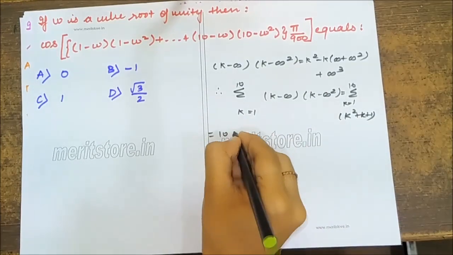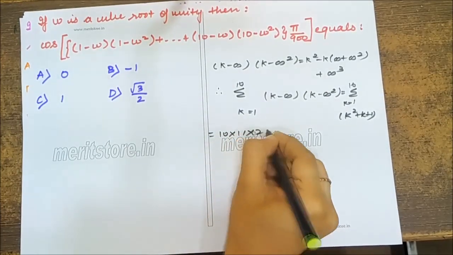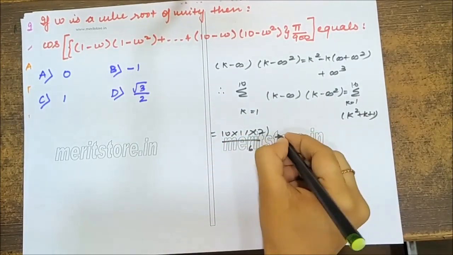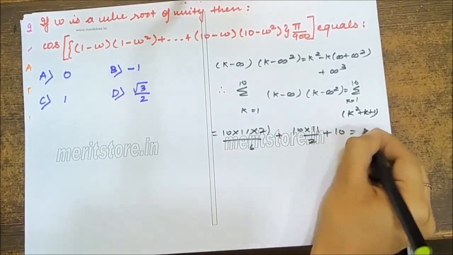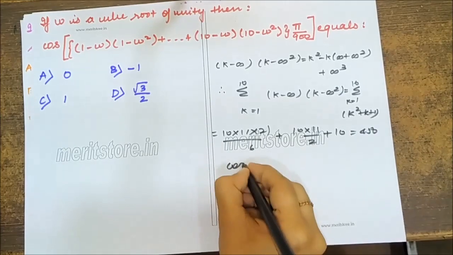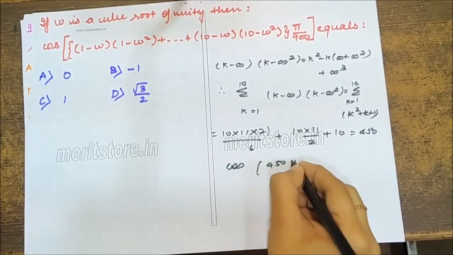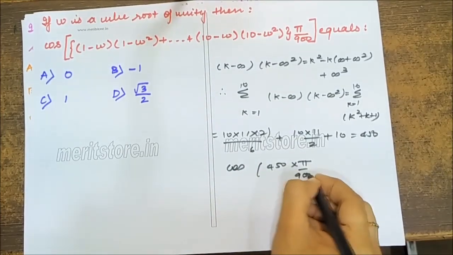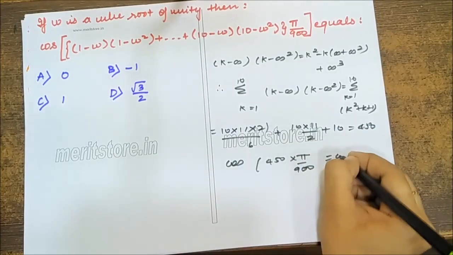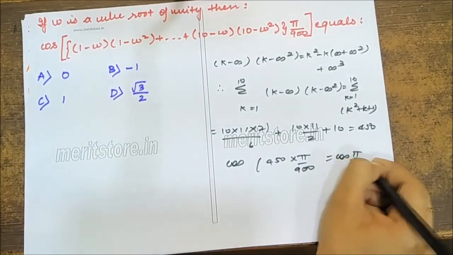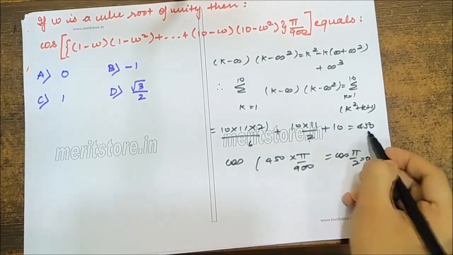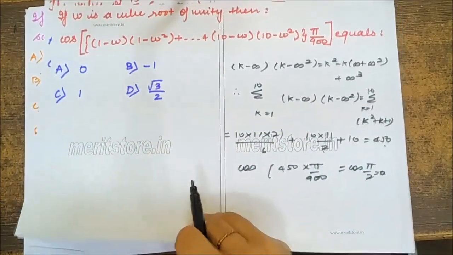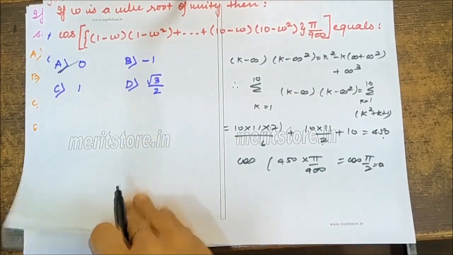So the summation from k equals 1 to 10 is 10 into 11 into 21 upon 6 plus 10 into 11 upon 2 plus 10, which is equal to 450. So that is cos of 450 into pi upon 900, that is equal to cos pi by 2, that is equal to 0. So your answer is 0.